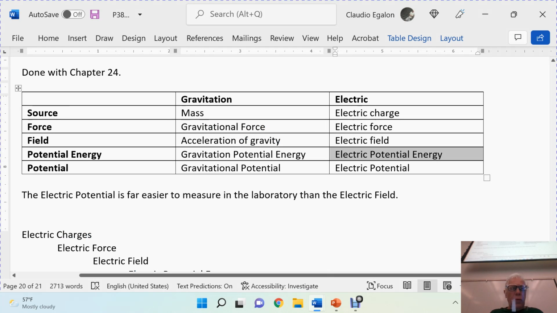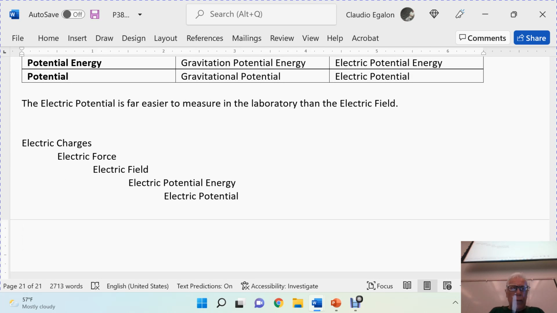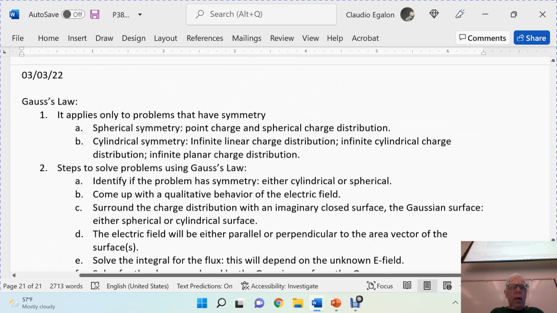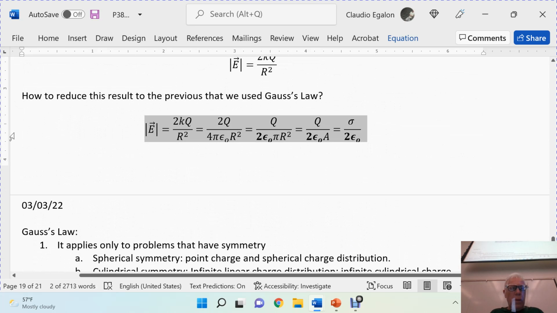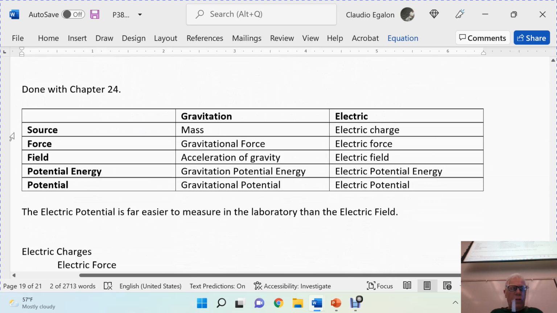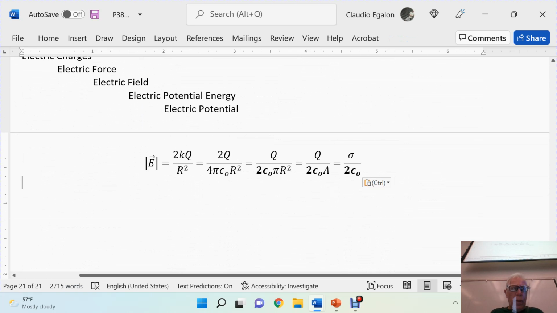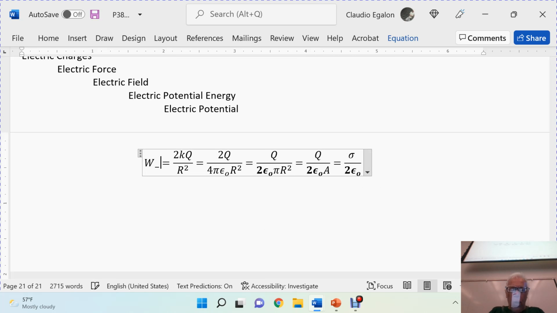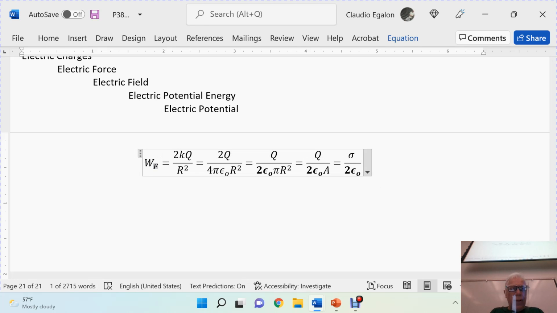In order to understand potential energy, you have to remember the idea of work. Work is defined in terms of a line integral, the work of a given force F.